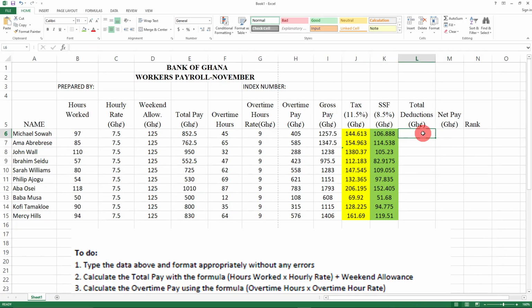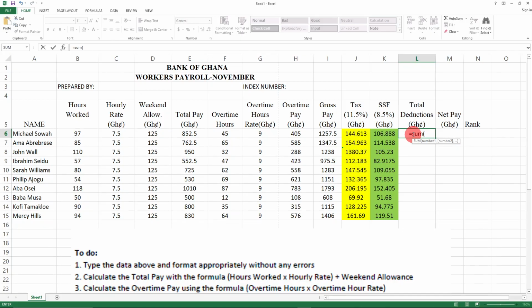So we are adding these two. So these two will be deducted from the gross. So that's the reason why we are deducting. So let's start. Equal to sum, because we are adding.